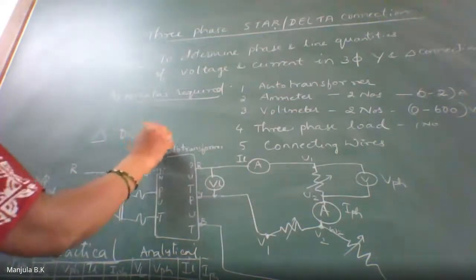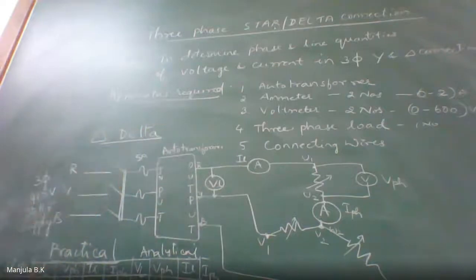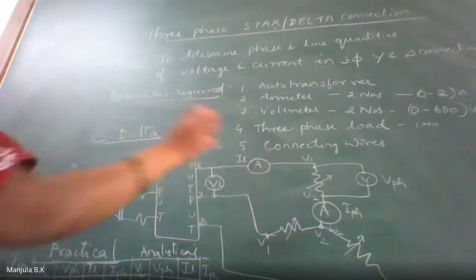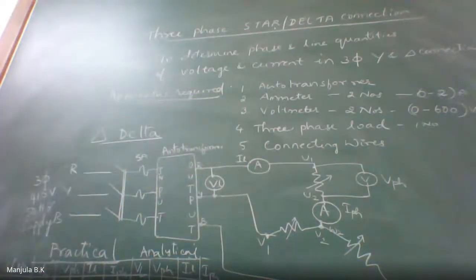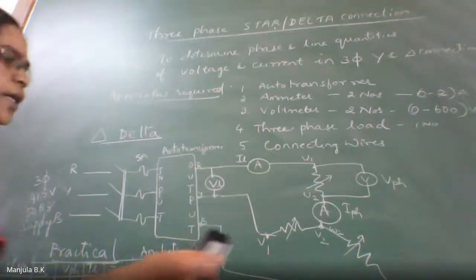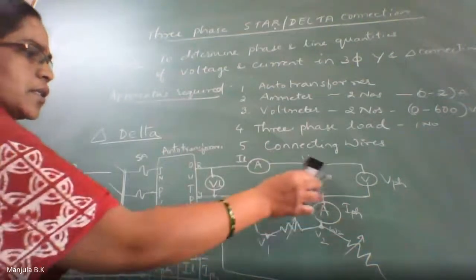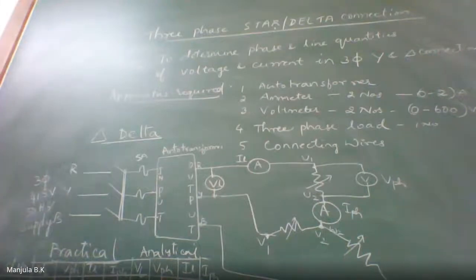Here the same apparatus is required. Now we need to connect this star part into delta. Our tabular column also remains the same as we are measuring the line voltage, the line current, phase voltage and the phase current.